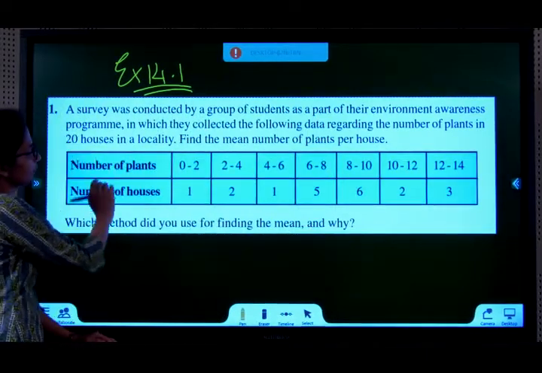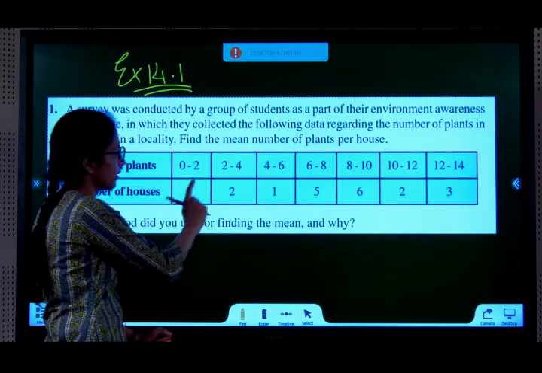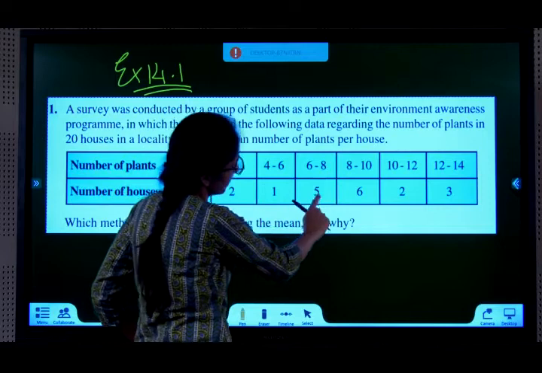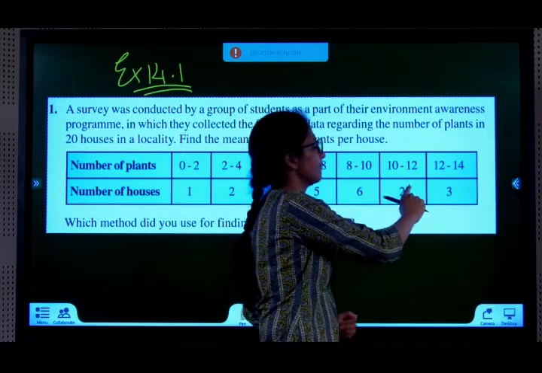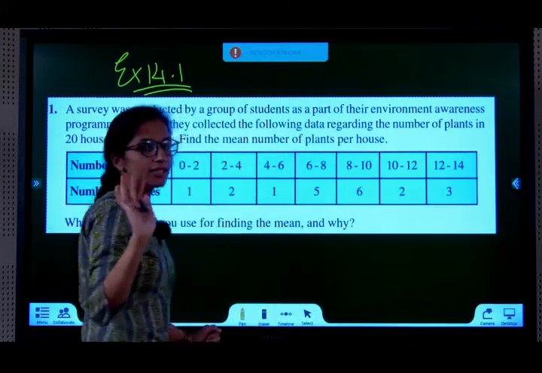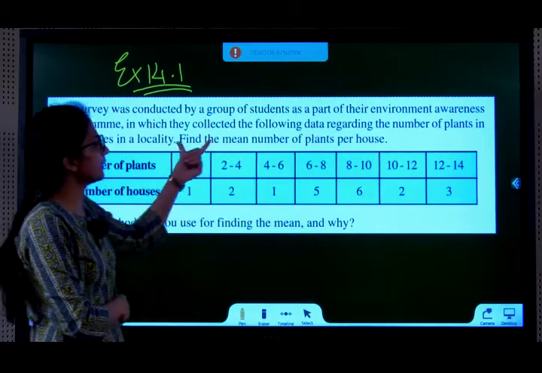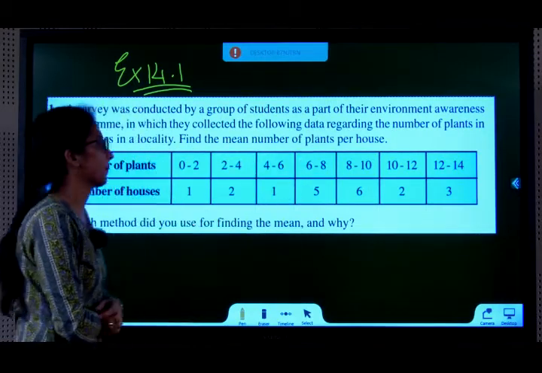This 20 houses, if you count the number of houses here, how many houses did they see? 20. See, 1 plus 2 plus 1, 4, plus 5, 9, 9 plus 6, 15, 15 plus 2, 17, 17 plus 3, 20. So you can observe, usually summation f is given in the question, not always, but usually. Find the mean number of plants per house.